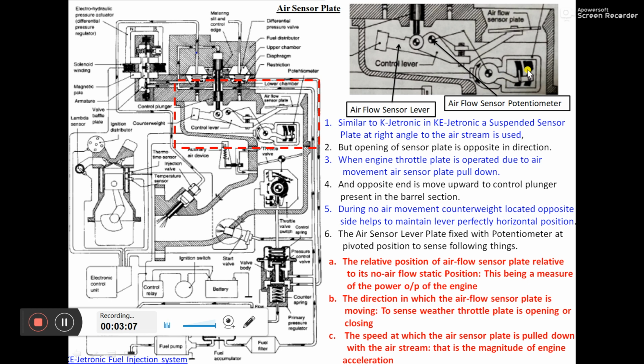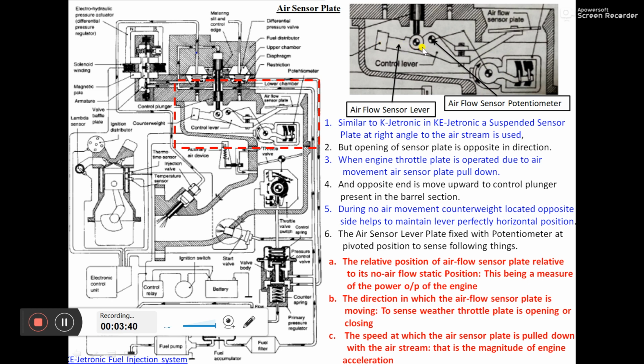The potentiometer works the same as the throttle position sensor. With respect to the contact of this arm on these uniformly varying dark lines, the resistance value changes, so the amount of current flow through this circuit also changes. In that way it detects the position of the air sensor plate. The potentiometer is located on the pivot point, so it senses it.